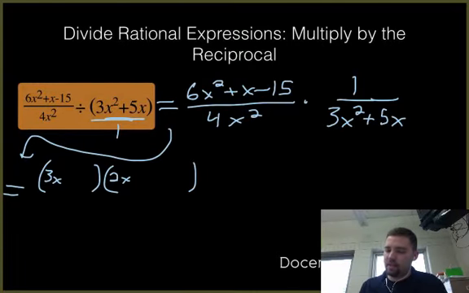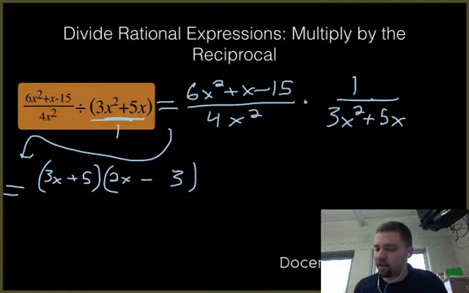And then 15, let's see, 3 and 5 are the factors of that. So I'll put those there. And then I've got to have a plus. So I think I've got a plus 5 and a minus 3.